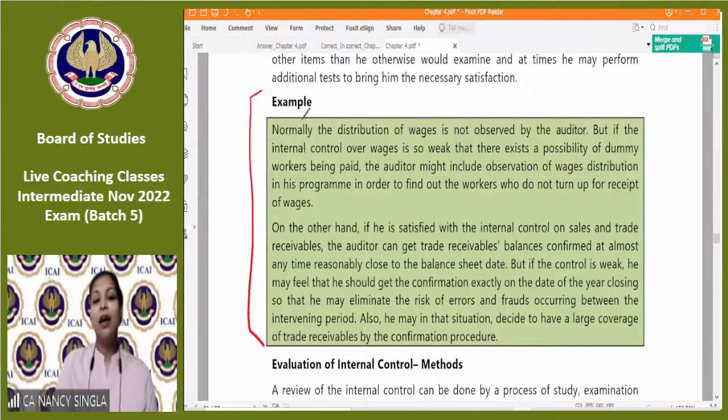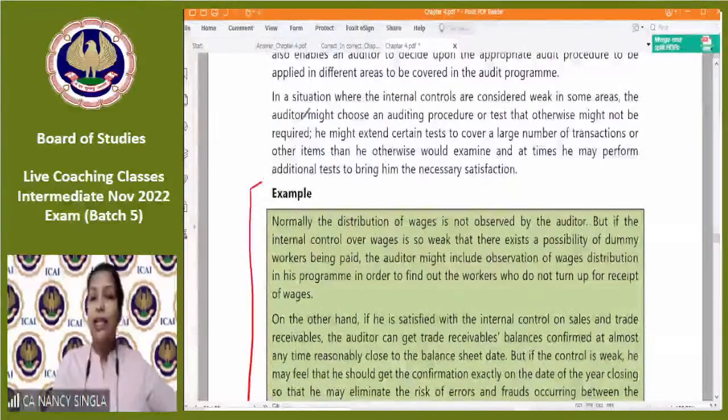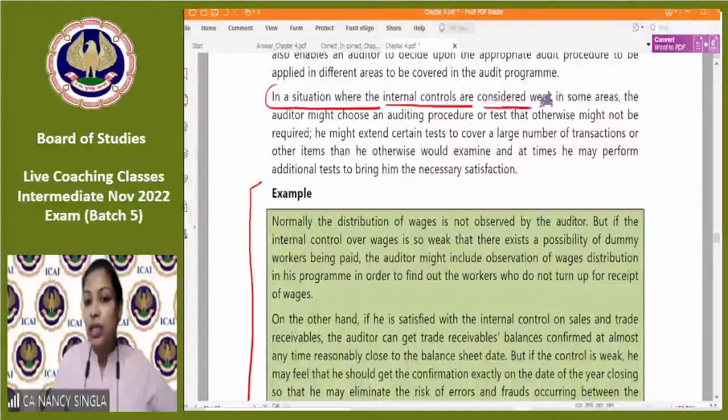Why have I asked you to read this? Because there was a question: when the internal controls are considered weak in some areas, what should the auditor do? In a situation where internal controls are considered weak in some areas, the auditor might choose an auditing procedure or test that otherwise might not be required.